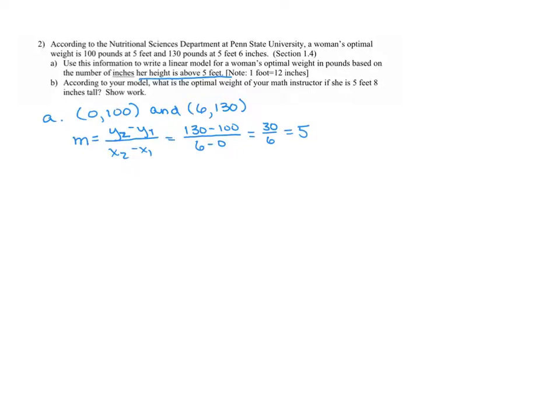Now, do we need point slope form on this problem? And the answer is no, because if you look here, this point is the y-intercept. So we can actually go ahead and jump straight into our slope-intercept form. We get y equals mx plus b. And so when we plug in, we get y equals 5x plus 100, where m is 5 and b is 100.